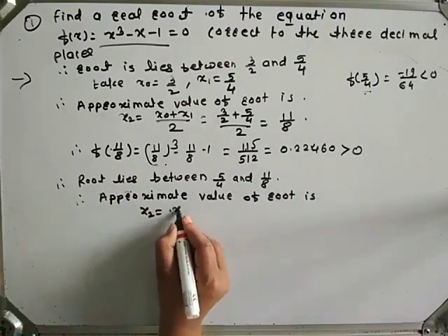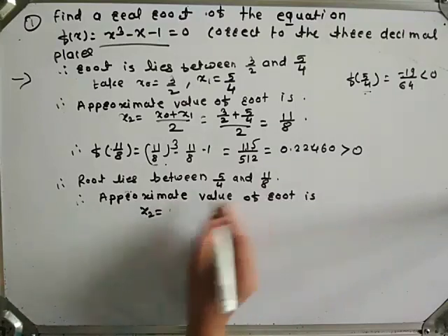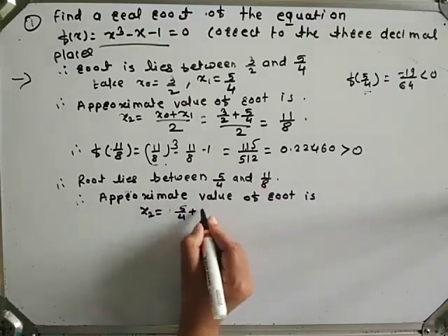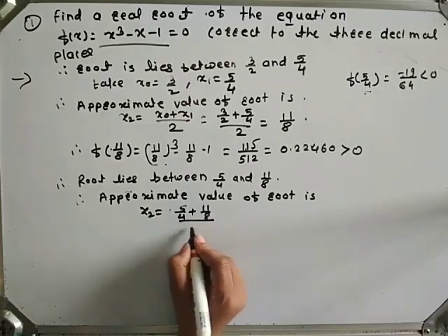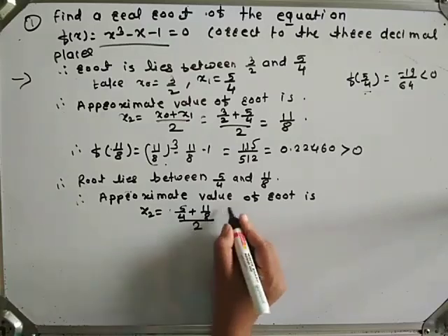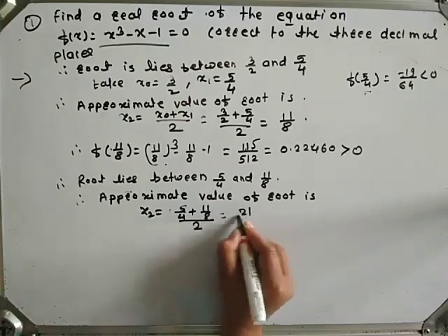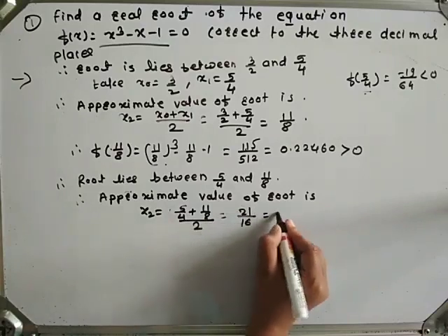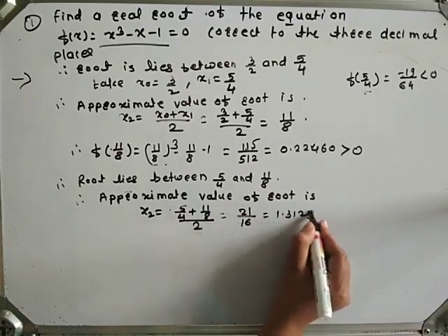x2 is equal to (x0 plus x1) upon 2, where x0 is 5/4 plus 11/8, upon 2. After solving this we get 21 upon 16, which is equal to 1.3125.